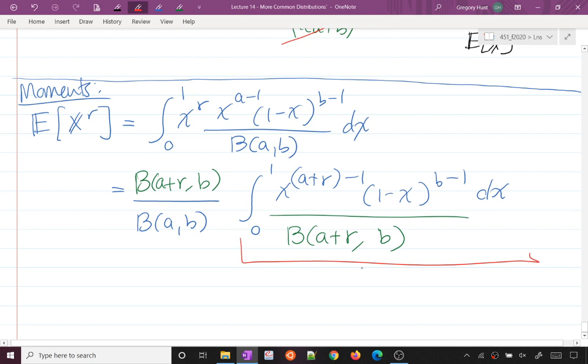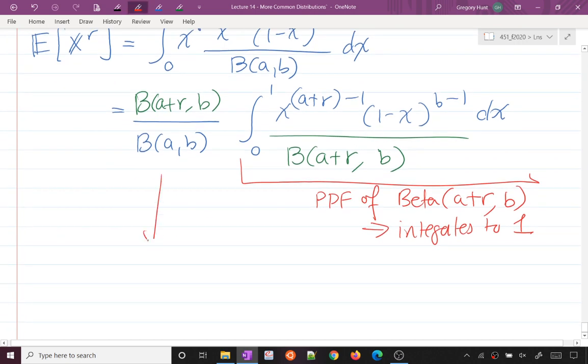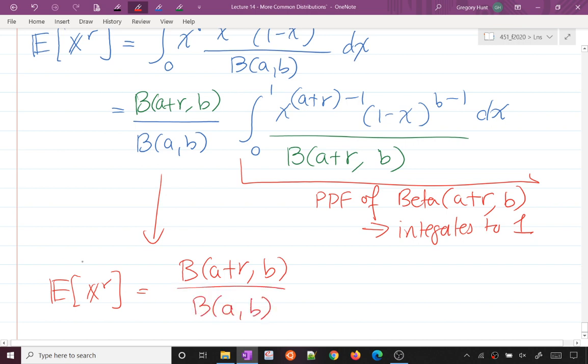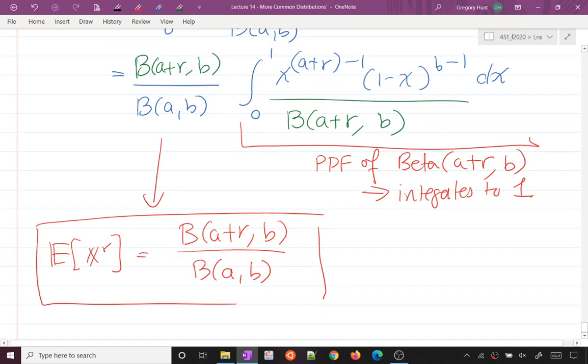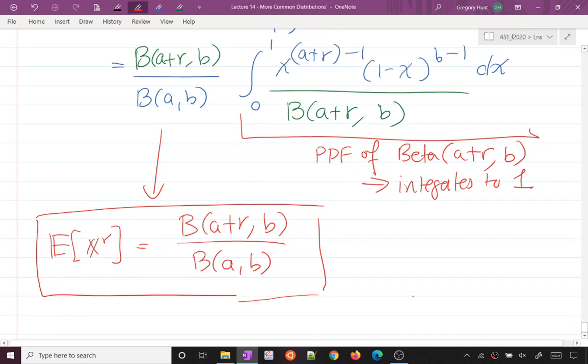Now I have an arbitrary addition r. This is the PDF of a beta random variable, and therefore integrates to 1. And so my rth moment of a beta random variable is beta of a plus r, b over beta of a, b. And that, I think, in general, for an arbitrary r, is as simple as you're going to be able to make it.